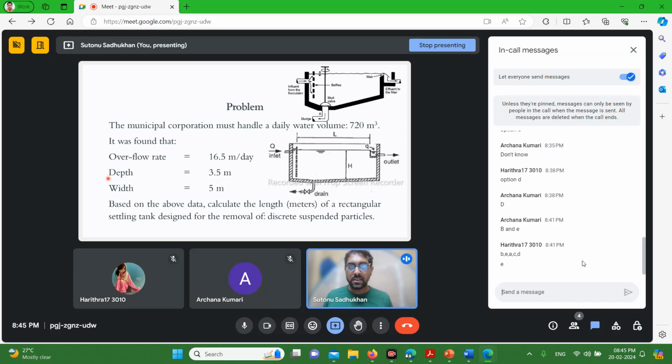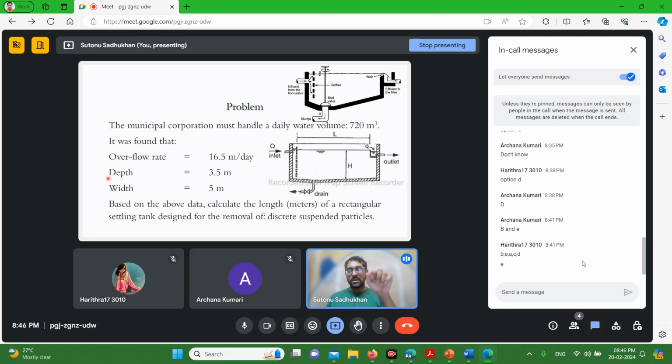The depth data will not be required. Now the problem becomes very simple. Simple calculation. You have to calculate the length L of the settling tank, considering the volumetric flow rate of 720 meter cube per day, the overflow rate, that is velocity, 16.5 meter per day, and the width, that is 5 meter.